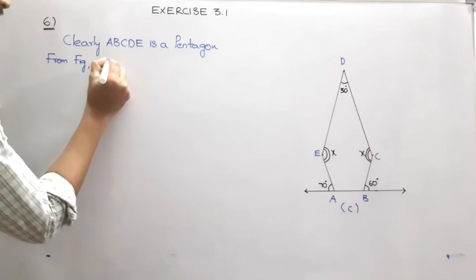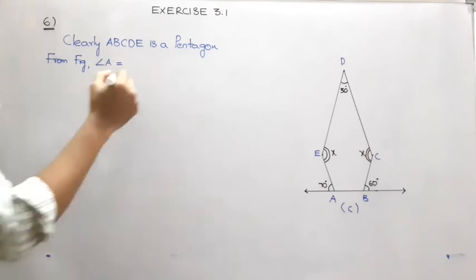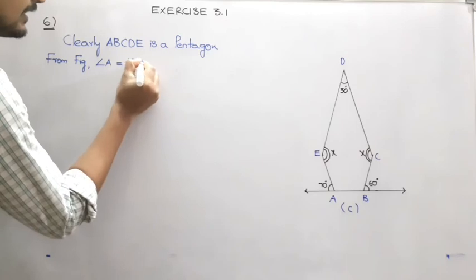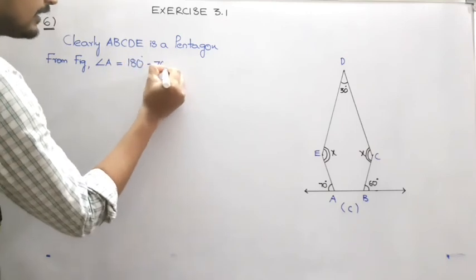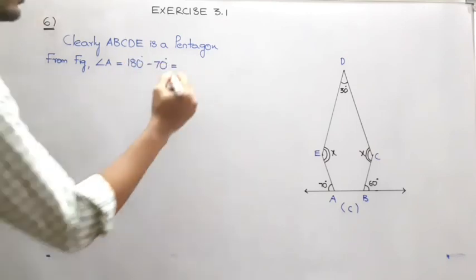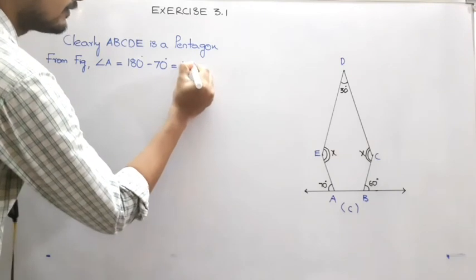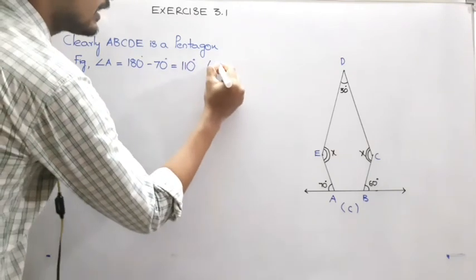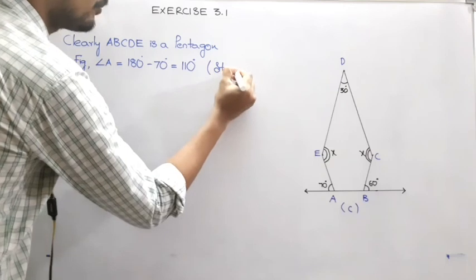Angle A is equal to 180 degrees minus 70 degrees, which is equal to 110 degrees, because of the straight angle property.